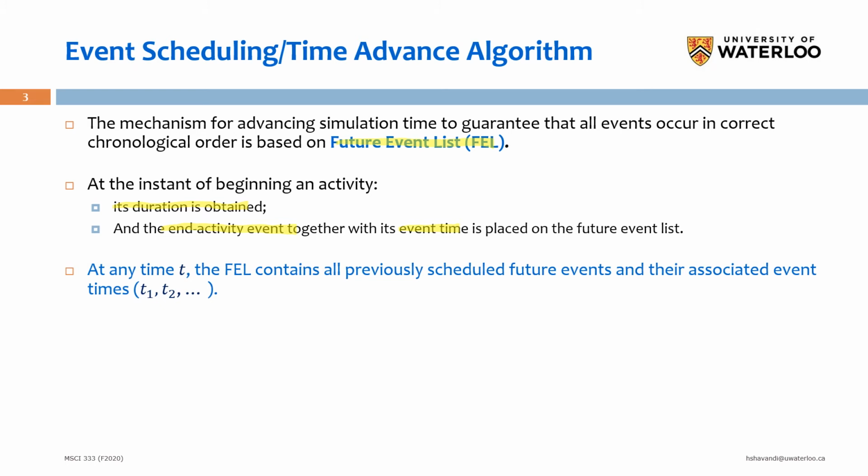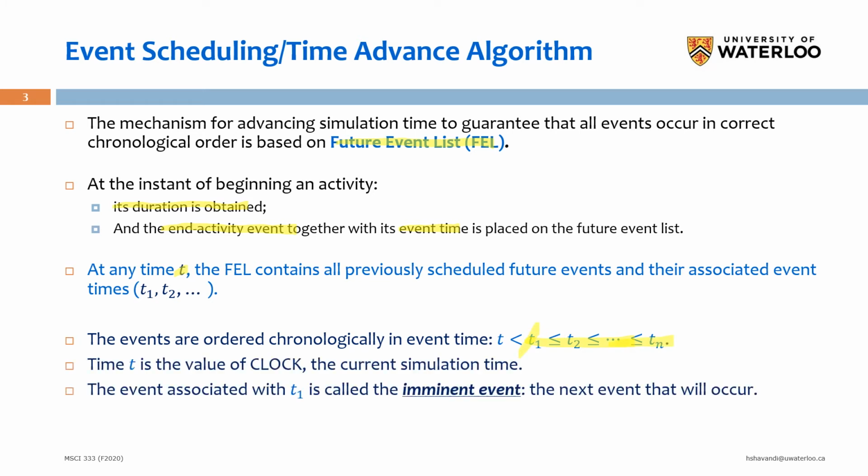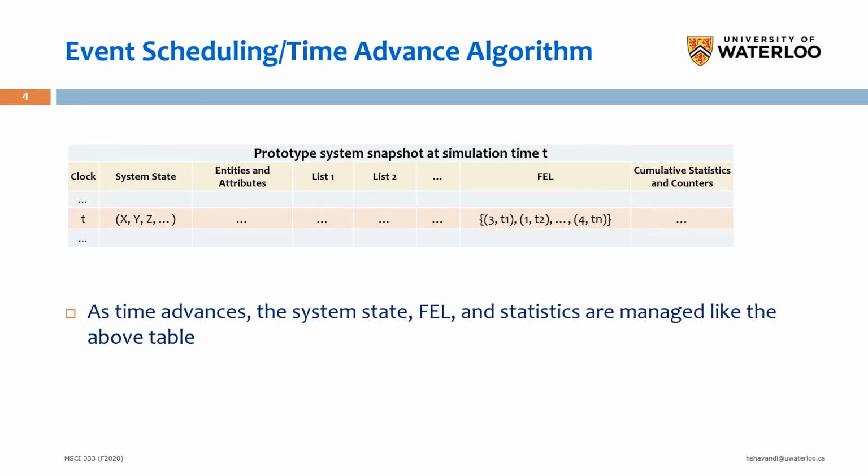So at time t, we will have a future event list ordered chronologically by event time. Here t1 will be the next event to occur, and we call this the imminent event.